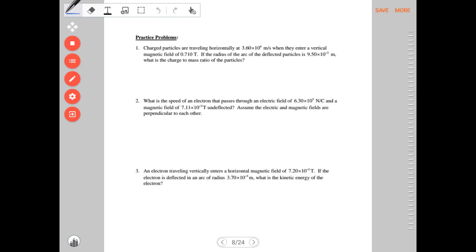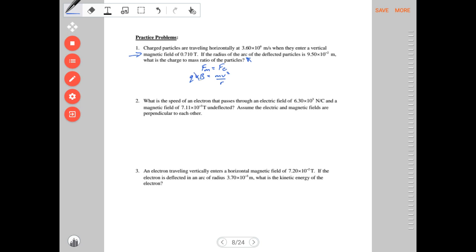Okay, so we know we have a magnetic field, so that means we have a magnetic force. We have a radius, which means we have a centripetal force. So we go Fm equals Fc. Fm, of course, is QVB, and Fc is mv squared over r.